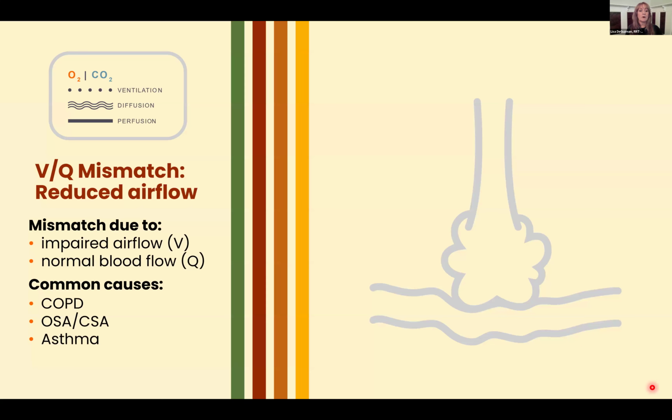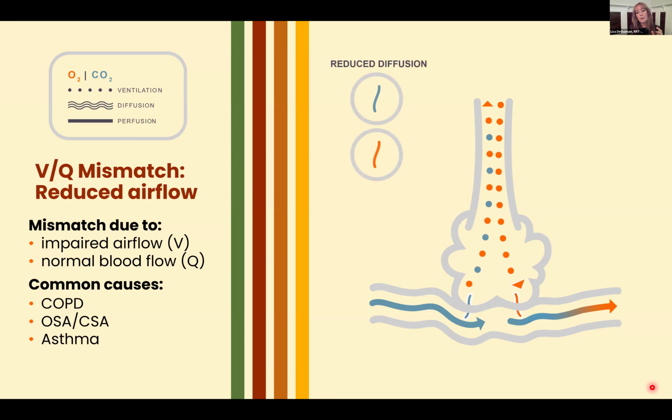It may be throughout the night, so periodic episodes of impaired airflow. Asthma is another situation where that can happen, but our perfusion is doing well. So we have reduced diffusion because something in the ventilation part of this VQ is not operating as it should. It's still working, but not optimally.